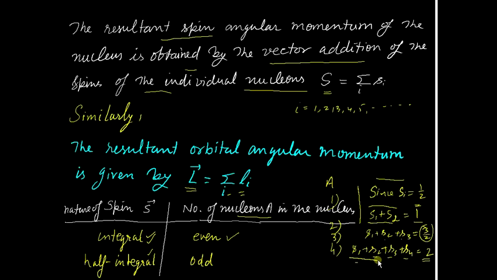There are 4 nucleons, this is 2. And similarly for 6 nucleons, there will be 3. So spin angular momentum is integral if the number of nucleons is even. If the number of nucleons is odd, 1, 3, 5, 7, 19, 21 like this, then S will be half integral.